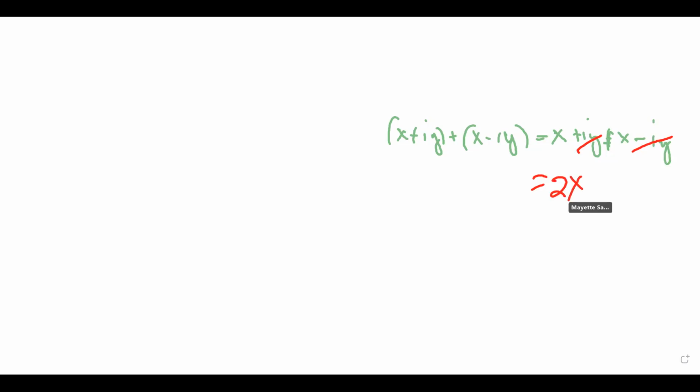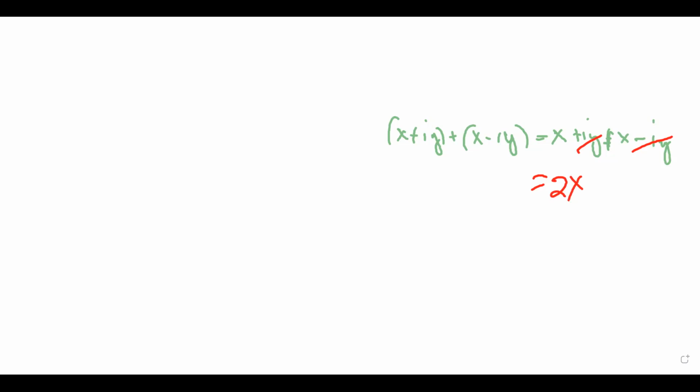If you have x plus iy plus x minus iy, meaning you're adding the conjugate, when you expand this one, this is going to be x plus iy plus x minus iy. So this means the imaginary parts will cancel and you will have 2x, or twice the real part.